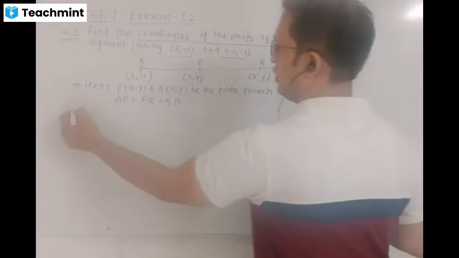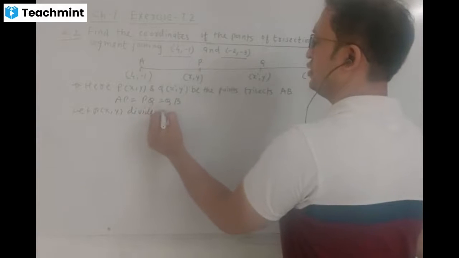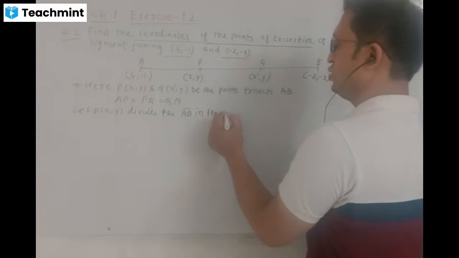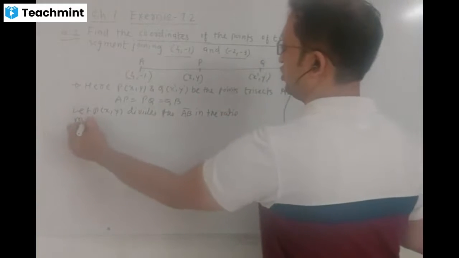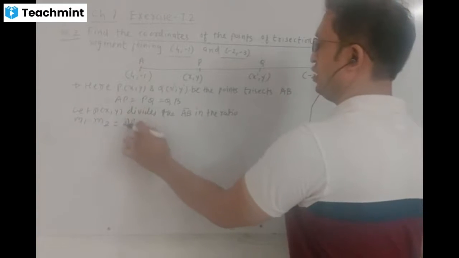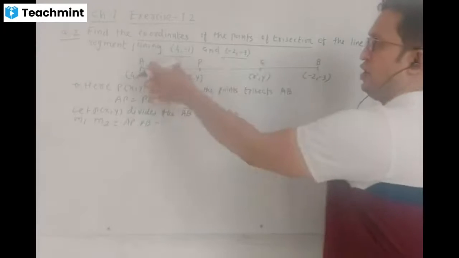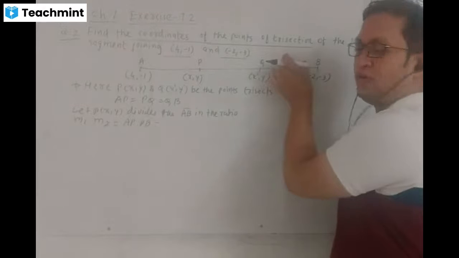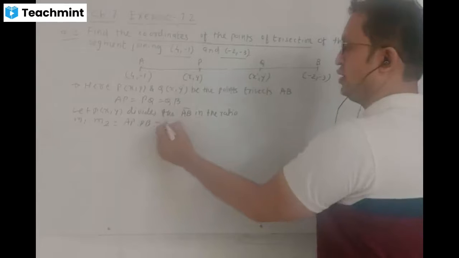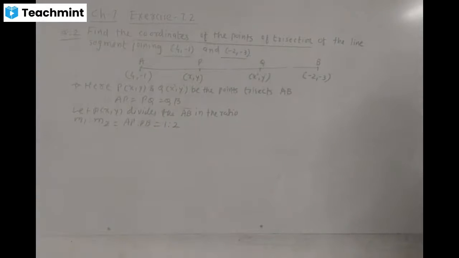Let P(x, y) divide the line segment AB in the ratio m1 is to m2, that is equal to AP ratio PB, that is 1 is to 2, because PQ and QB are both 1 and AP is 1, so PQ plus QB, that is PB, gives 1 is to 2. Therefore the ratio of AP to PB is 1 is to 2.